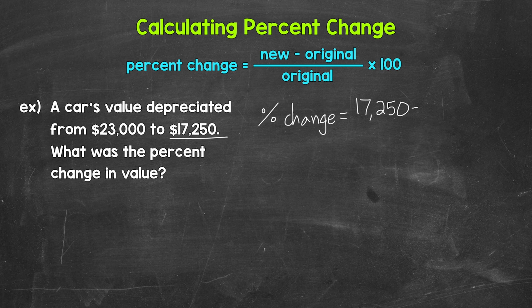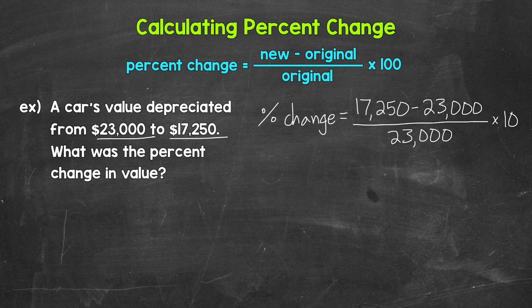So what was the value of the car to start with? Well, $23,000. So minus $23,000. And then we divide by the original value, which again, that's $23,000. And then we multiply by 100.